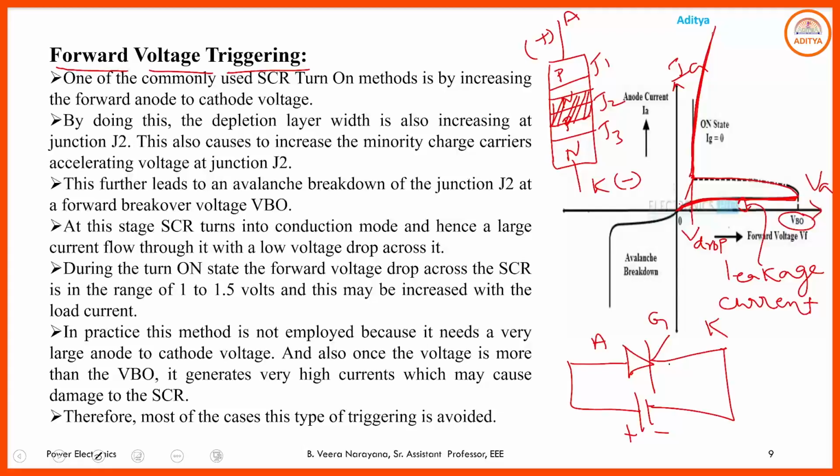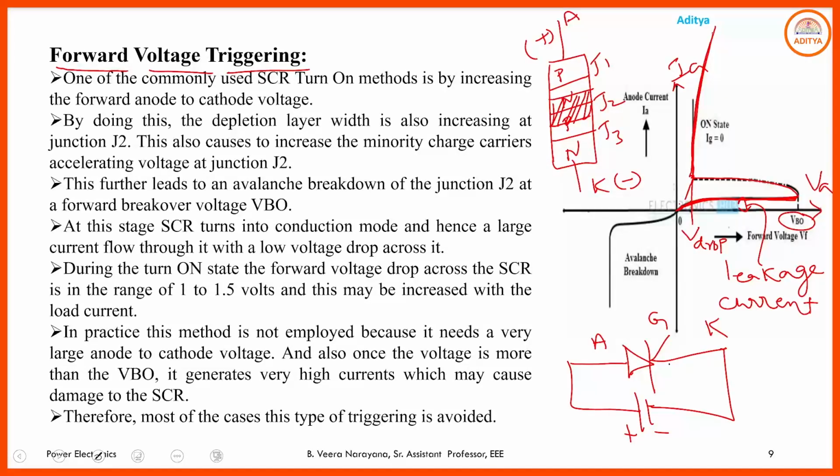Low thermal handling capability means that even for a small period of time, if the voltage across those devices or the current flowing through them exceeds the rated values, they may be damaged. Hence you must ensure that the operating voltage across those devices and the current flowing through them do not exceed the rated values.